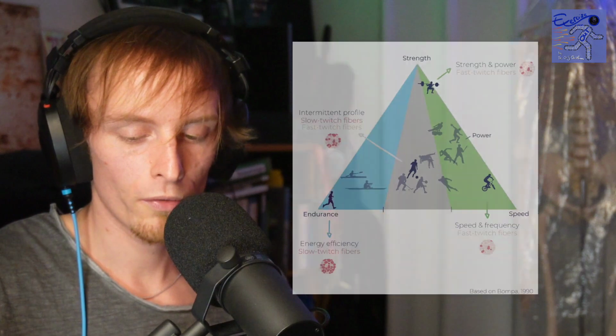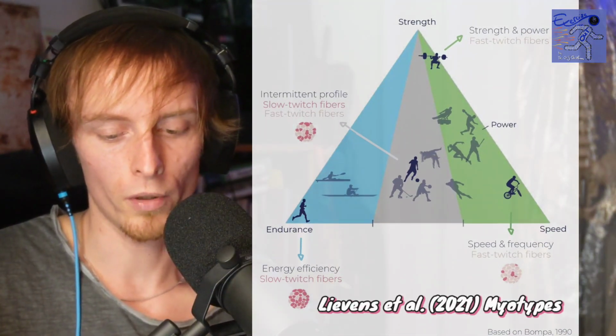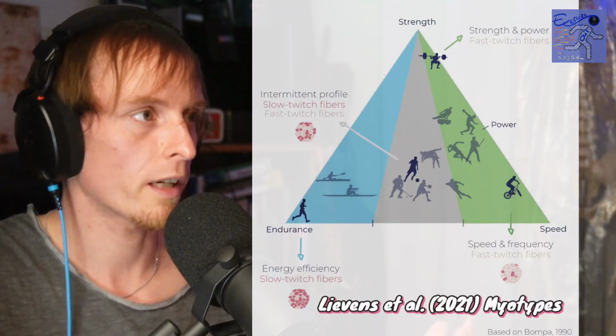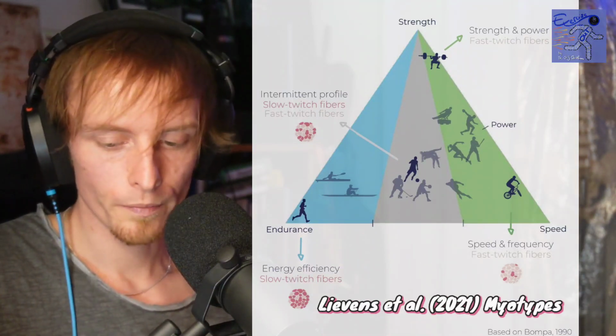So now we are basically covering a few things of the second chapter, which is how muscle fibers are related to exercise performance. Eileen nicely illustrated that depending on the sport, we have different categories. So if you, for example, have these endurance sports, like canoeing, rowing, running, cycling, then you have higher type 1 percentages.